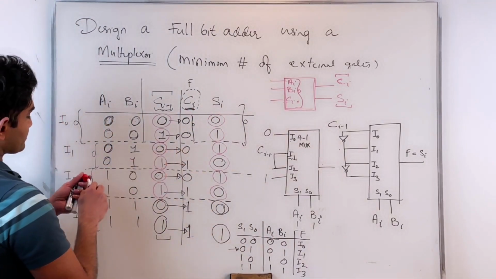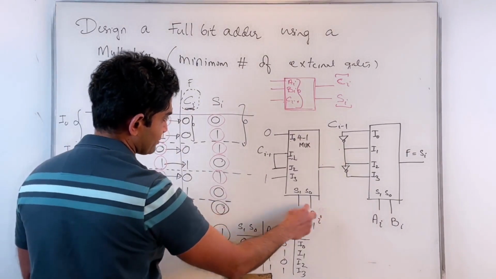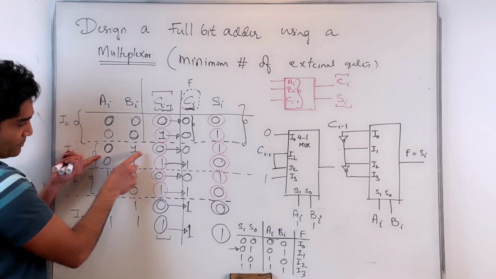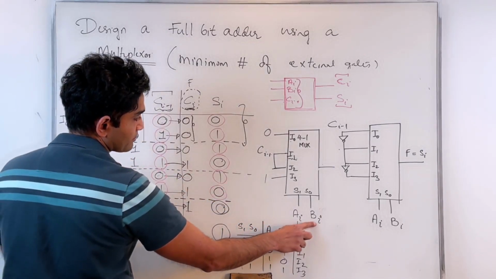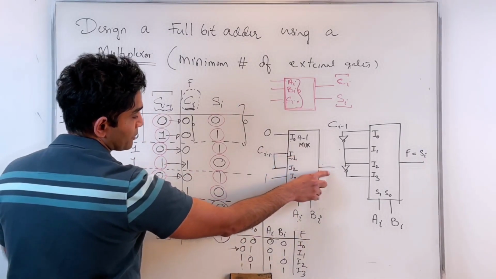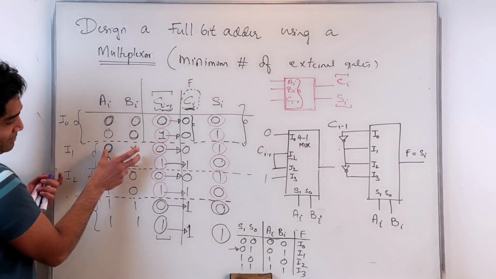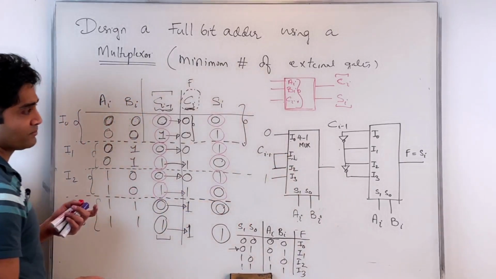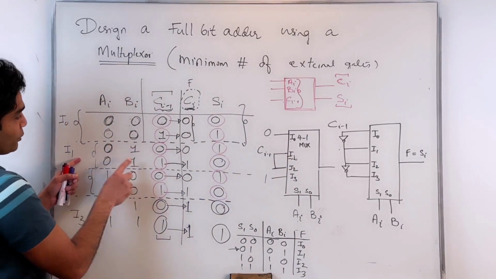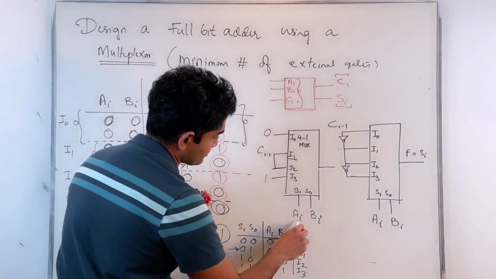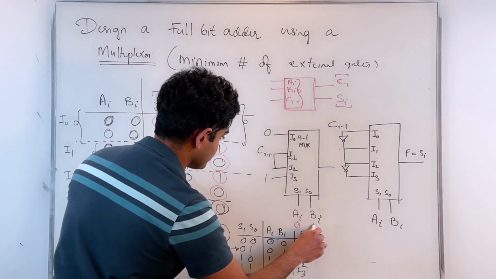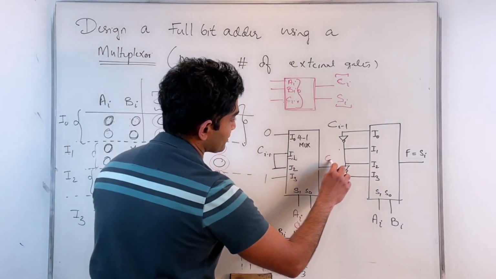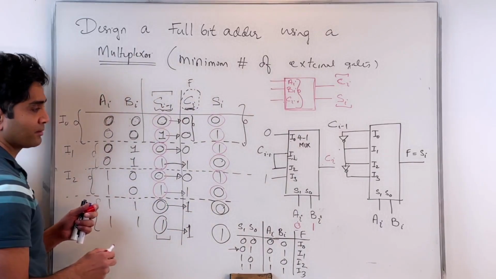So for this particular case, when I apply 0, 1 on my Ai, Bi, I1 is the one routed to the output, right? 0, 1, you can think about it as a binary value. 0, 1 is 1, 1 being routed to the output, okay? Now, 0, 1 I'm applying here. So those are fixed, okay? Now, this output is Ci here, okay?